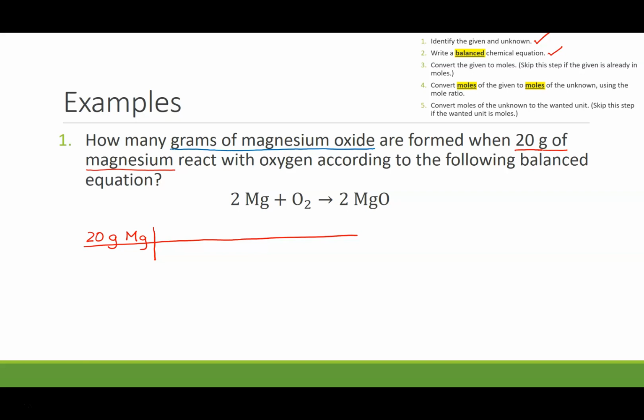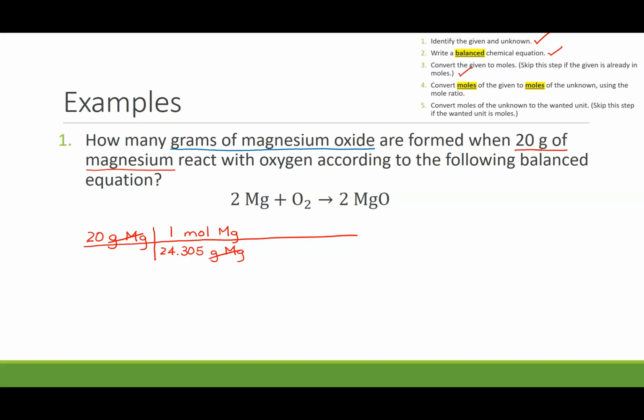And the GFM of magnesium from the periodic table is 24.305. And we will put 24.305 grams of magnesium on the bottom and 1 mole of magnesium on the top. And we will do this because grams of magnesium need to be canceled out. And that is step 3 finished.